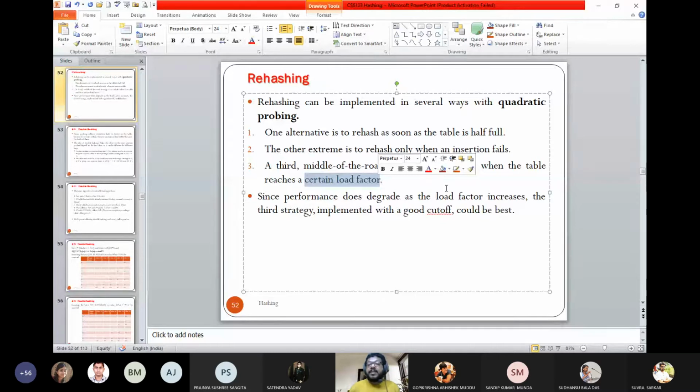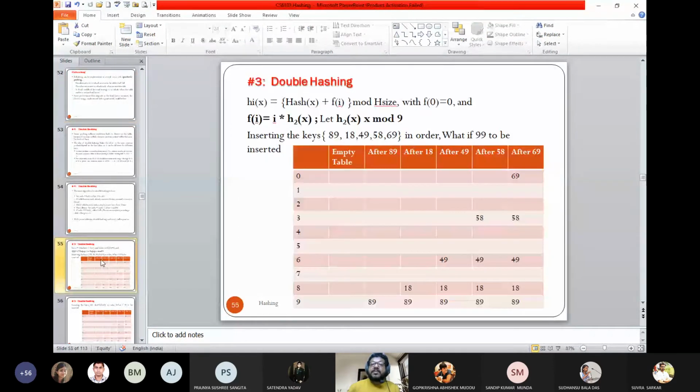Okay, then comes double hashing. As the name says, whenever there is a collision, whenever you fail to store the key, you take the help of another hash function. Look at this mathematical notation. Our collision strategy is f of i.